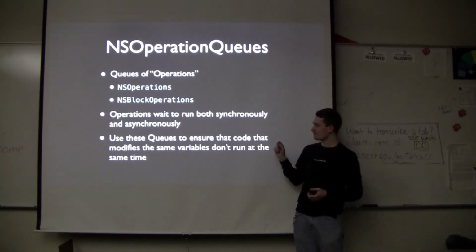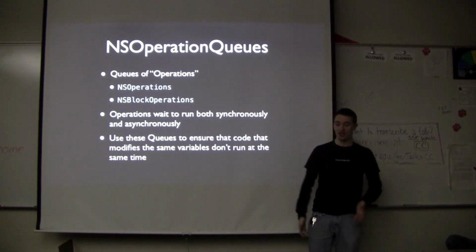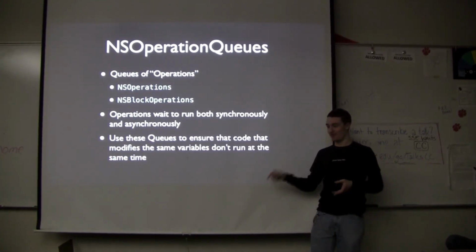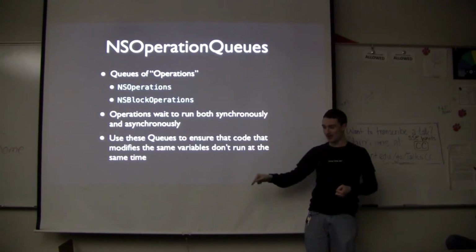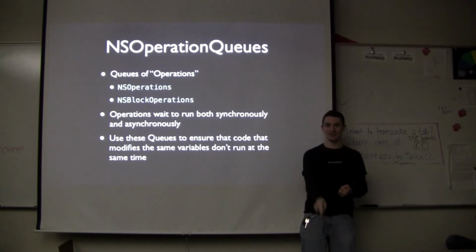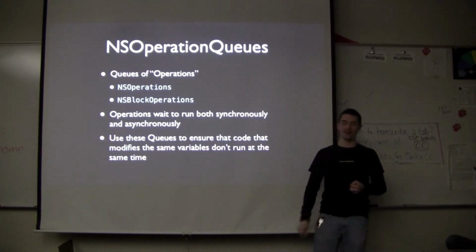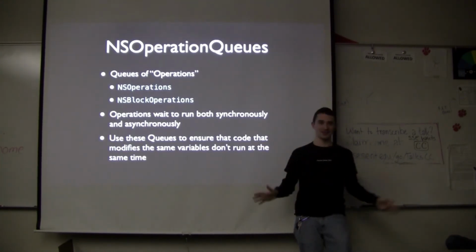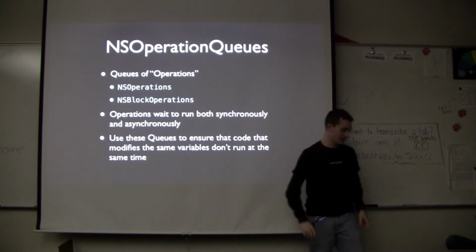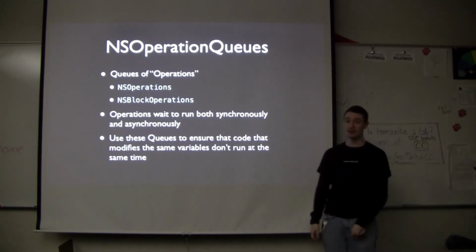So how do you guarantee this? Every time you want to modify a variable, you always put it in a block that is placed in an operation queue, and it's always the same exact operation queue for that variable. Not too hard to manage yourself. It's actually quite easy to remember, but you do have to remember that.